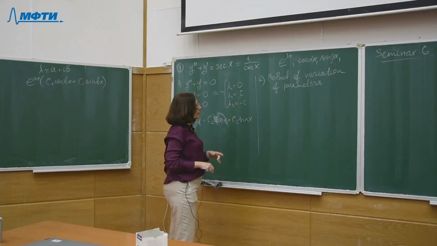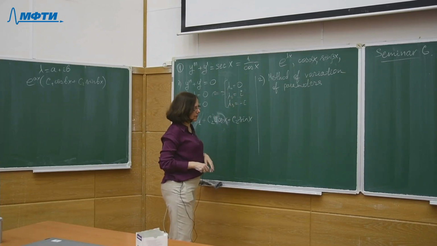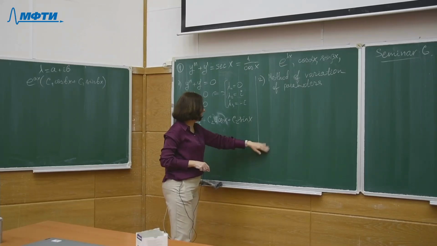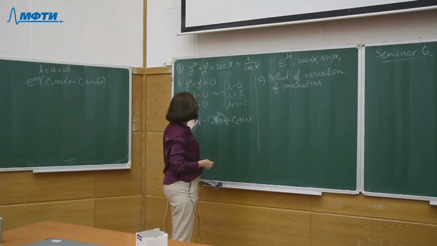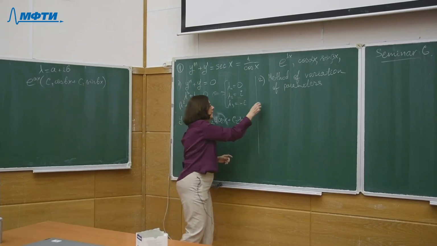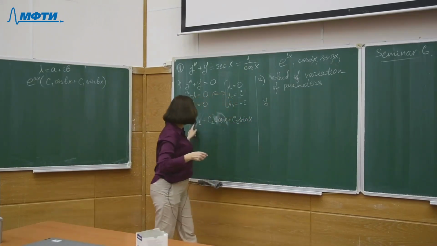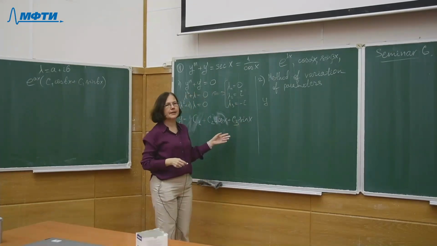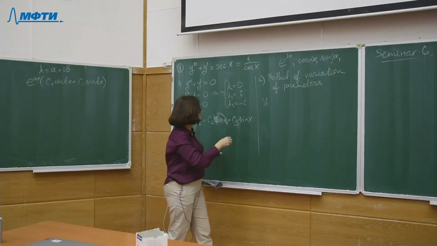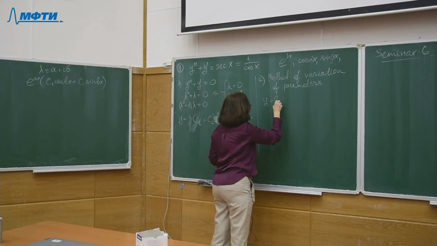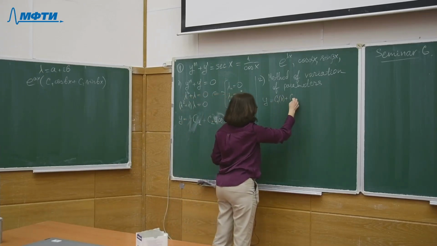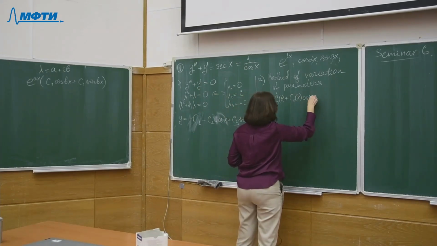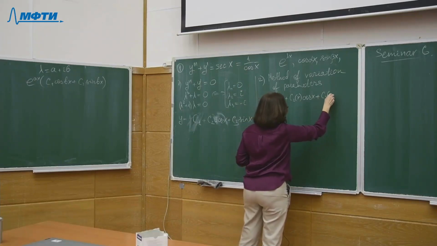Okay, so now we will use the method of variation of parameters. As described in the spring semester, we assume that C1, C2, and C3 are not constants but functions depending on x. So y is C1 of x plus C2 of x cos x plus C3 of x sine x.